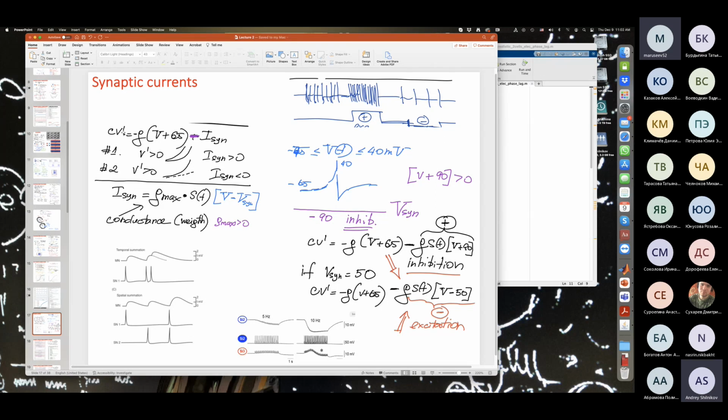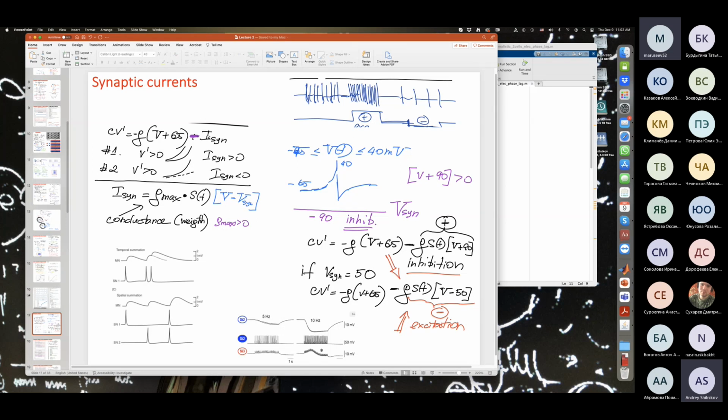And then you have the voltage in the cell, and then you have what's called the reversal potential. It determines whether the synaptic current is going to be inhibitory or excitatory.